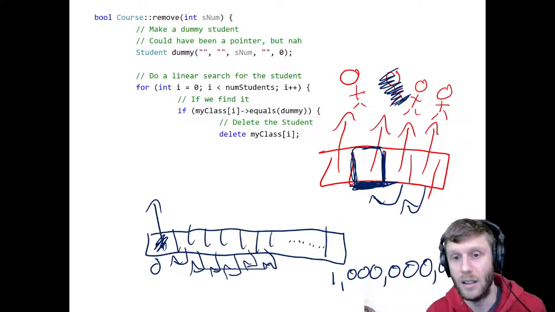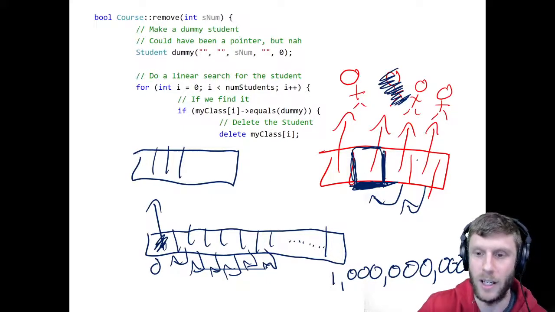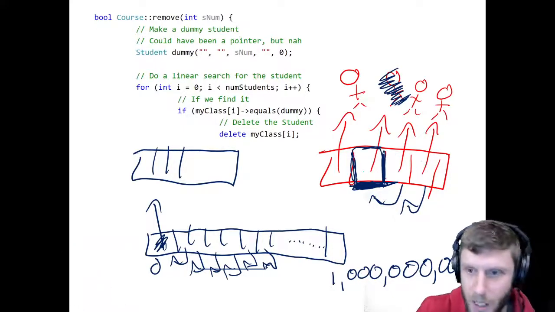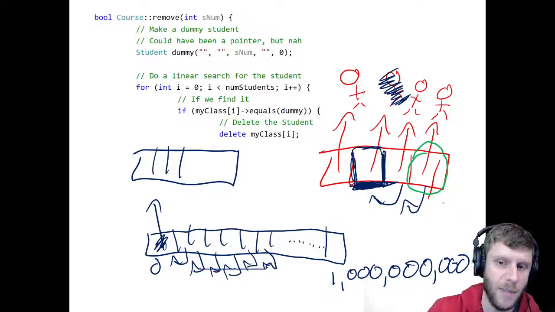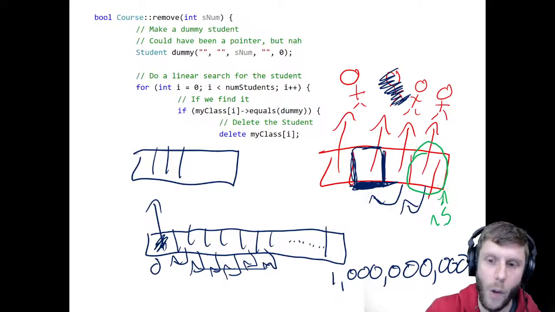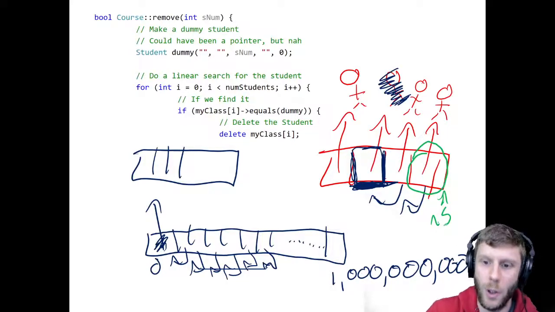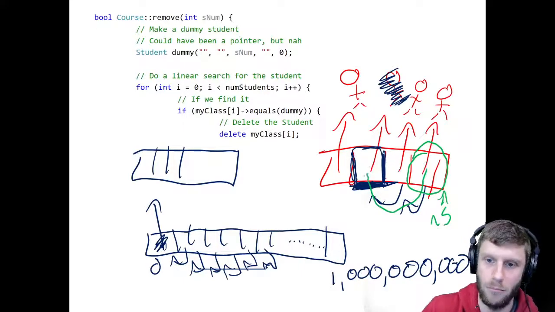So what I'll do is, I'll draw in a new color because I realize we're very close to being out of time, take the student at the last index available, which will always be num students minus 1, because num students always gets us to the index of the next available spot because of zero-based indexing. So go to num students minus 1, which will always be the last individual here, and put them there. Basically make this pointer point there.